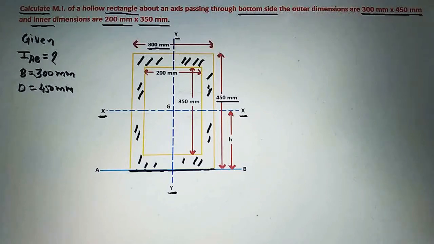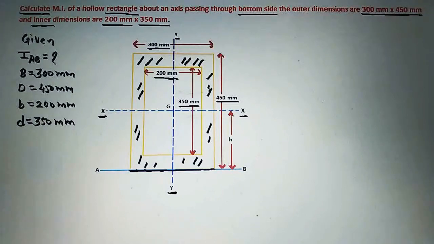Next, inner dimensions are given, and inner dimensions, the base is 200 mm and the depth is 350 mm. So we will write here inner dimensions. First is base as small b, and that is equal to 200 mm, and the depth, that is small d here, it should be 350 mm.